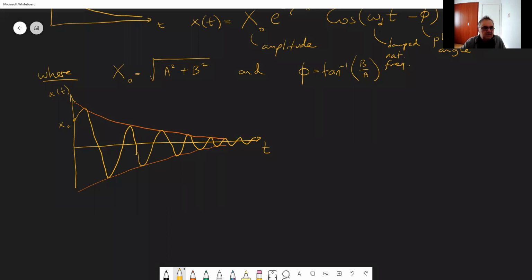It becomes less and less and so on. So this envelope is X0 e to the minus zeta omega n t.